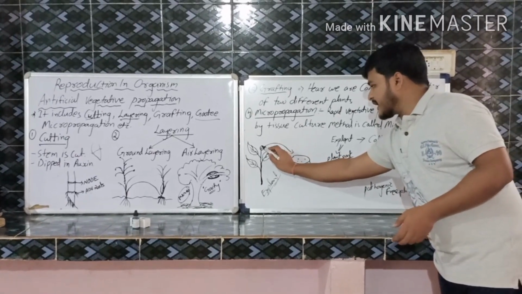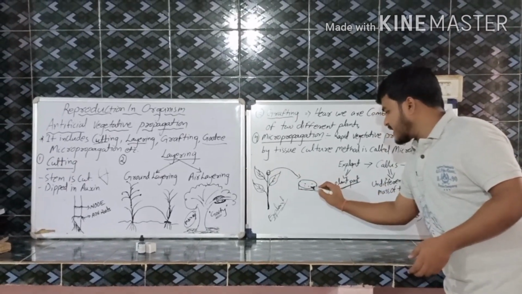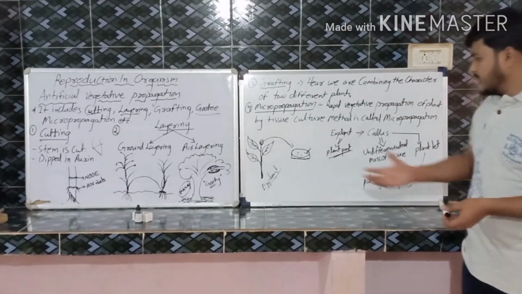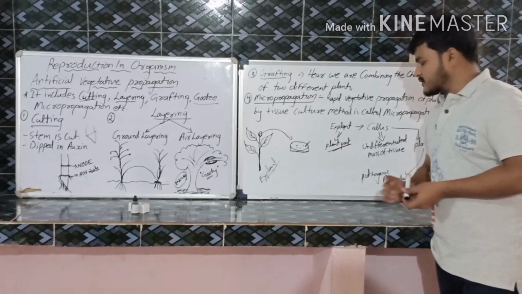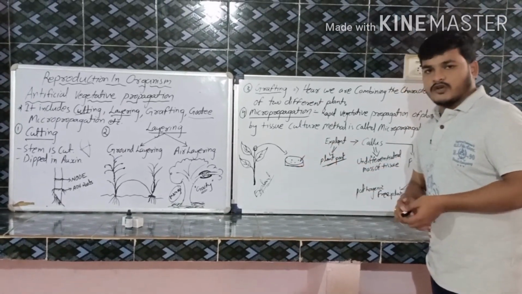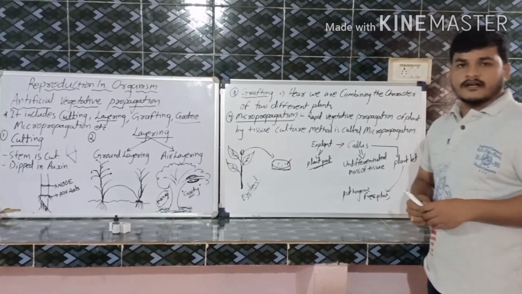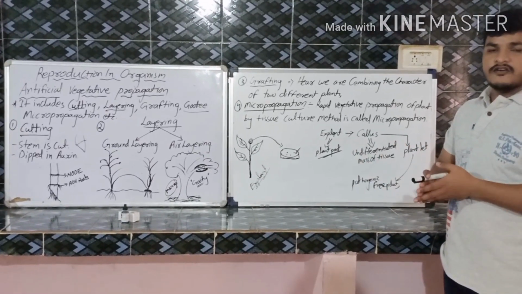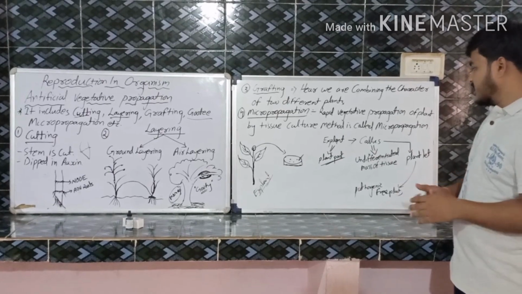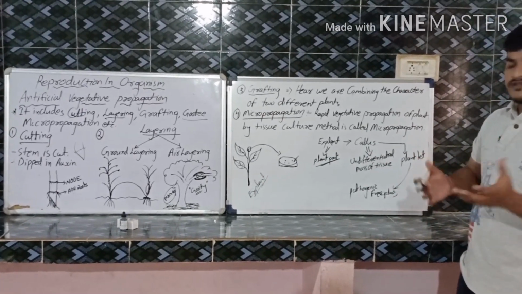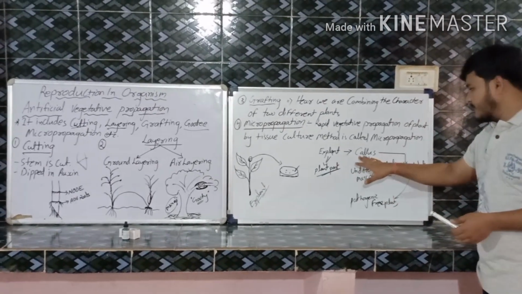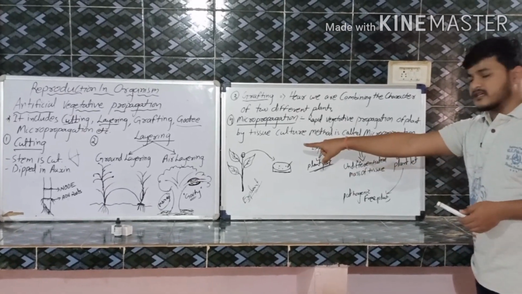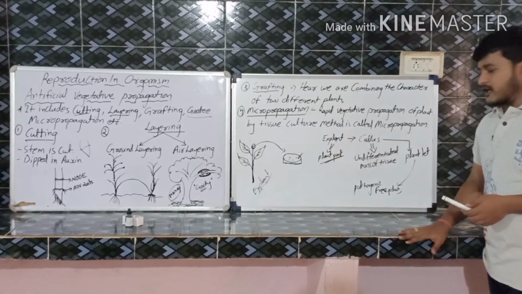From the eggplant we take some cells, and the cells are dipped in a nutrient medium, which is otherwise known as the culture medium. This is a simple practice. We dip them, and after some days we see that the cells divide multiple times and give a mass-like structure, which is known as callus.